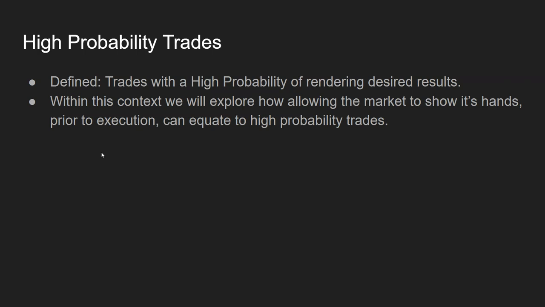So we only want to take trades where the market shows its hands and shows that it's ready to pretty much distribute and expand. We don't want to take trades that are primarily based on guessing, because once you're guessing, you're gambling. You don't want to guess.